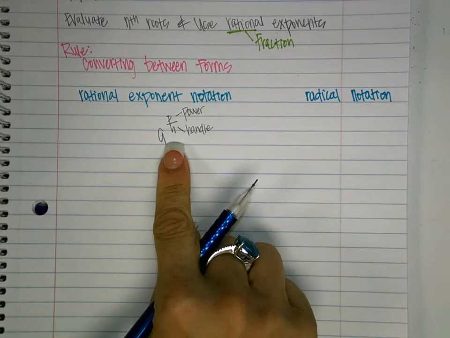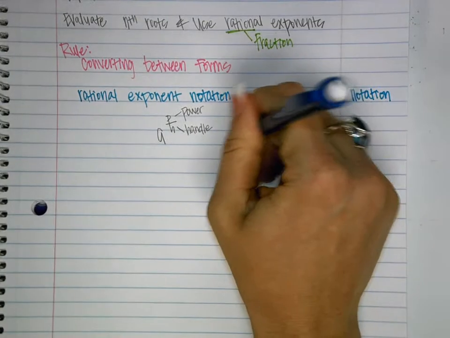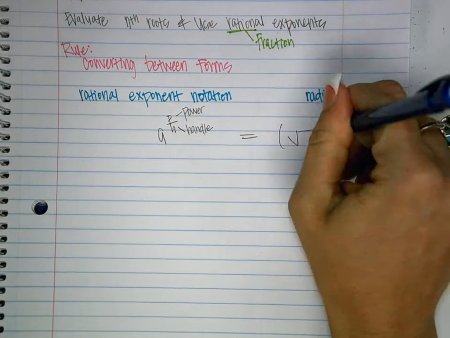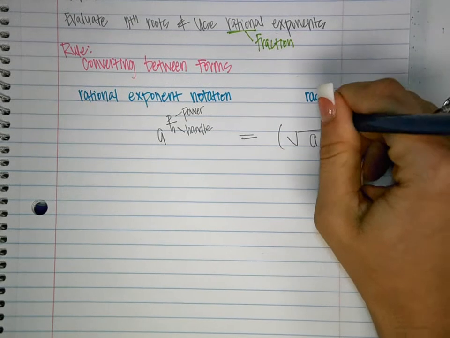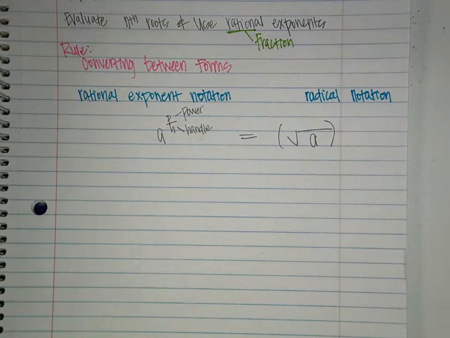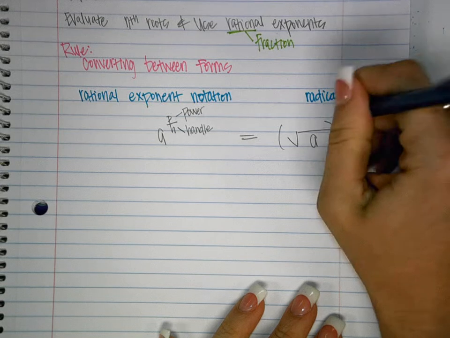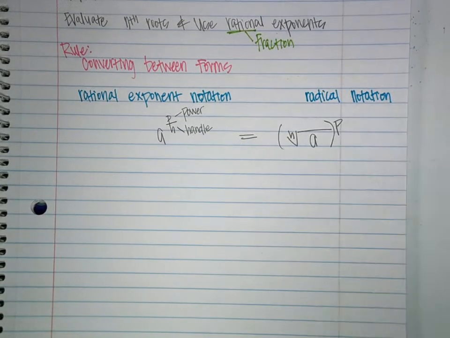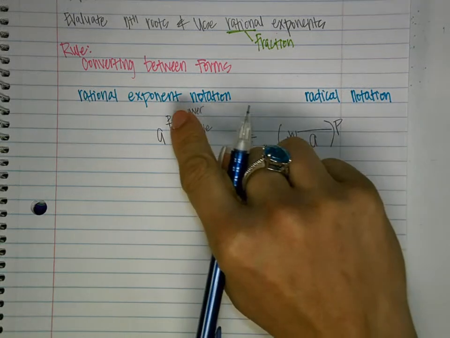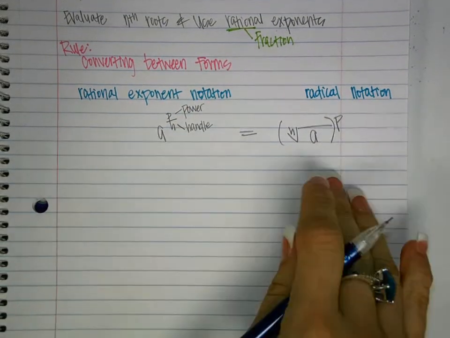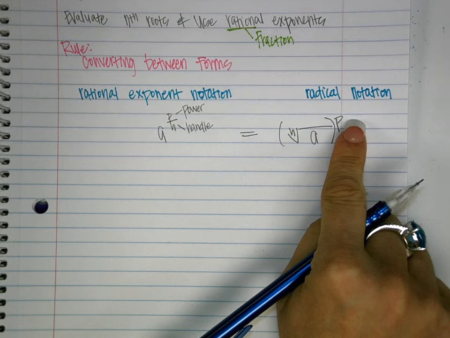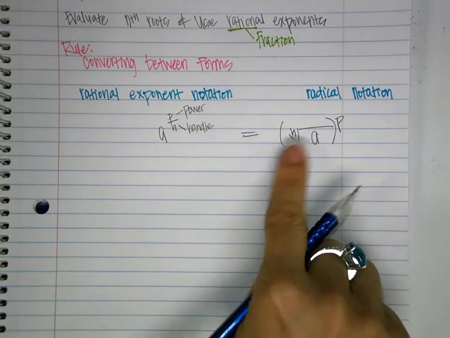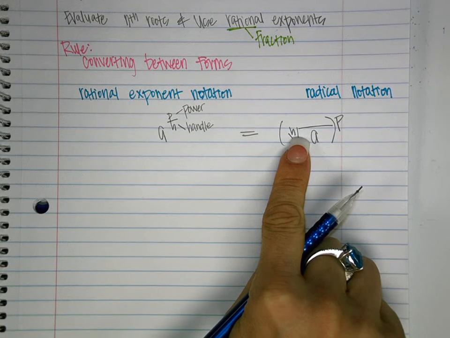When you change this to radical notation, we put a root, the a is underneath the root, and the p is the power, so it goes on the outside. H is the number that goes inside the root, the handle. So we call it power over handle.